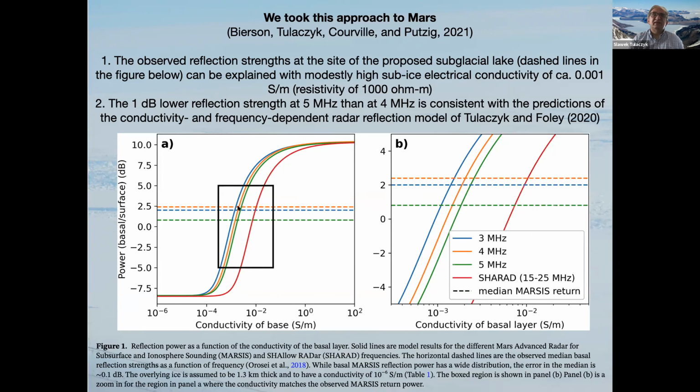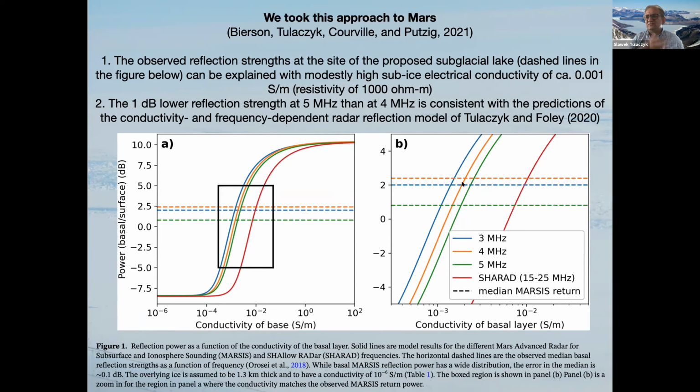So in this case, electrical conductivity should matter a lot, because we're close to 1 megahertz. Here are our theoretical lines of reflection strength as a function of conductivity of the sub-ice material, and they intersect the observed lines in this region. So basically, within a zone where we have conductivity of around 10 to the minus 3 for Mars, which is not that conductive.